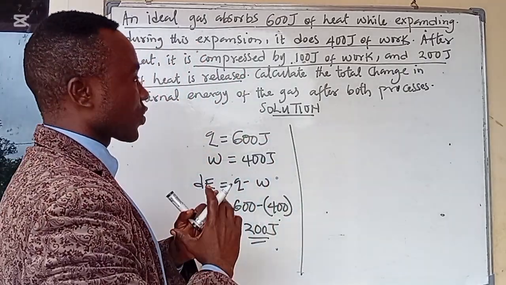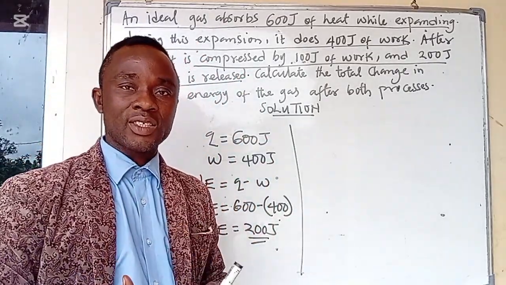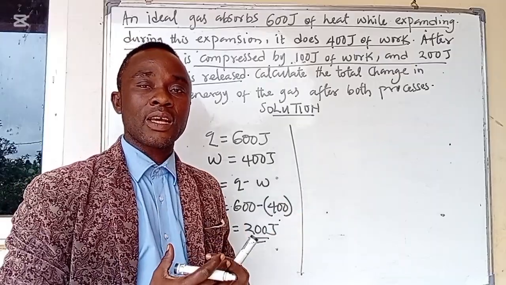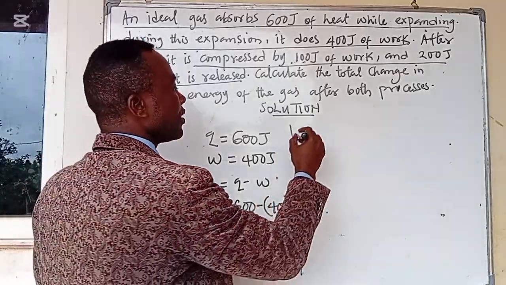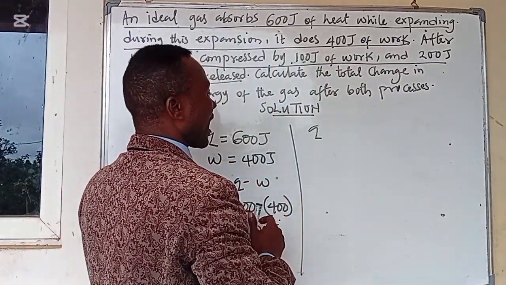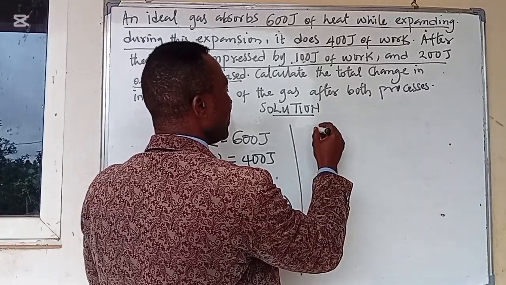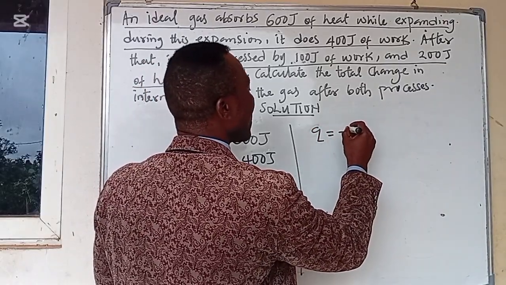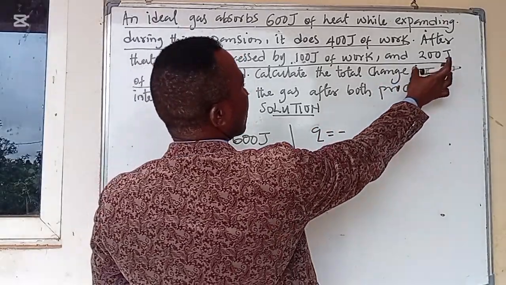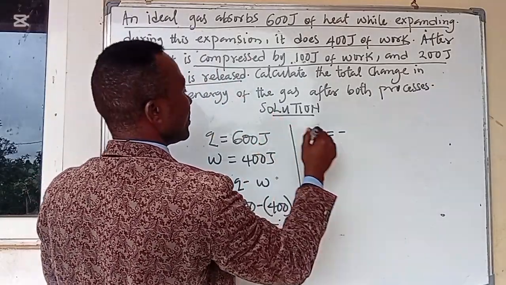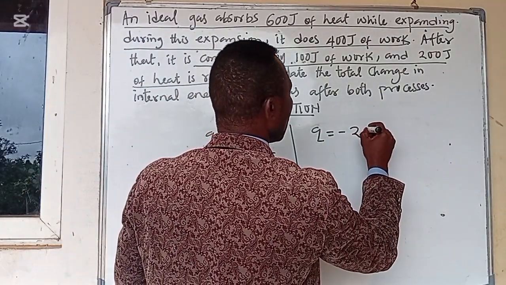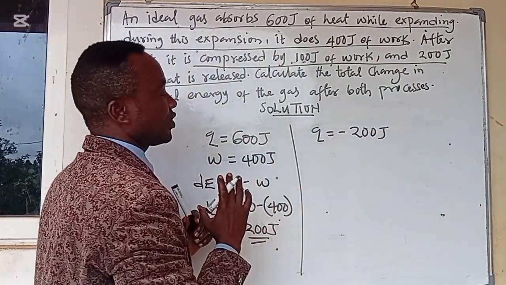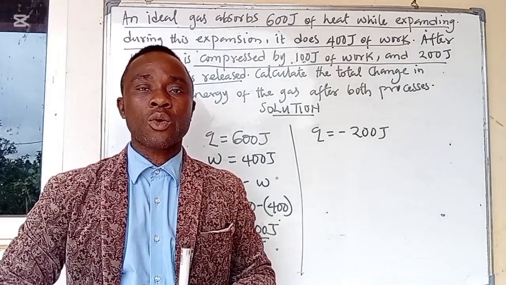Now heat is released by this gas in the second process. Remember, when a gas releases heat, the heat, which is Q, is negative. So if you release 200 joules of heat, then the heat should be negative 200 joules according to the sign convention.